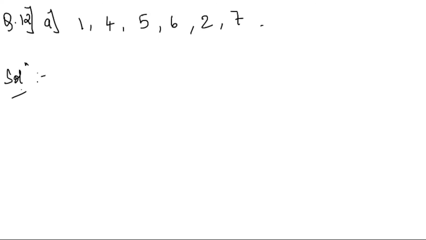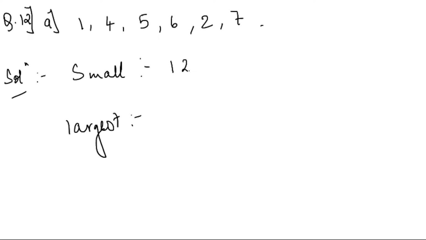So in the smallest, first 1, then 2, then 4, then 5, 6 and 7.